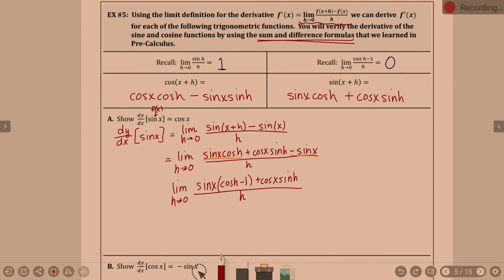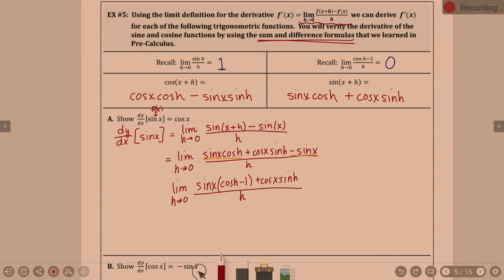Now, I know you guys probably don't see it yet, but we're going to break it into two limits here, because we have one denominator. We can take this one fraction and split it into two fractions, keeping the denominator in both pieces.